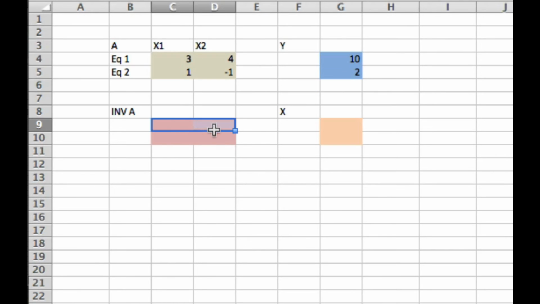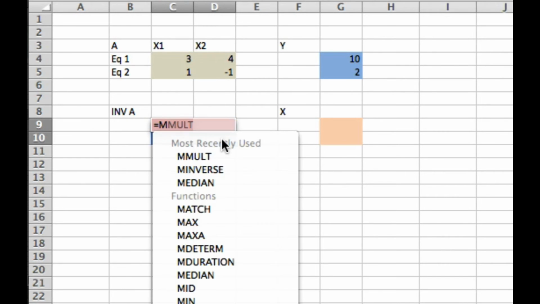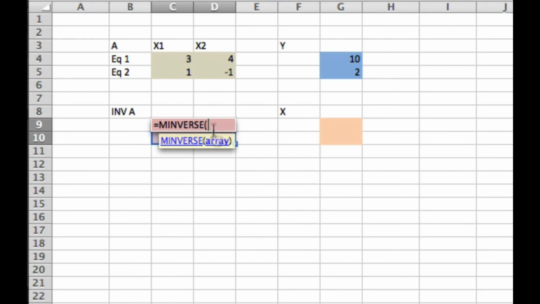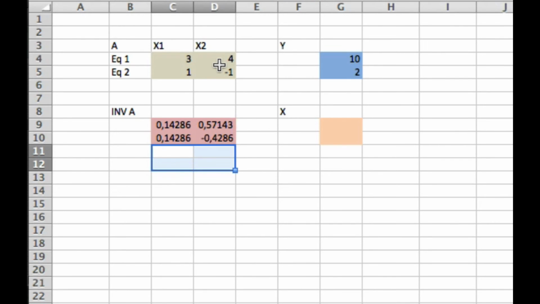So what we want to do now is to get the inverse of A right here. So we just define the area where we want the inverse, and then we write MINVERSE, and then the argument is right there. We close the parentheses, and then we hit Command Enter, and we got the inverse. The next thing we do is to multiply the inverse by the right-hand side.